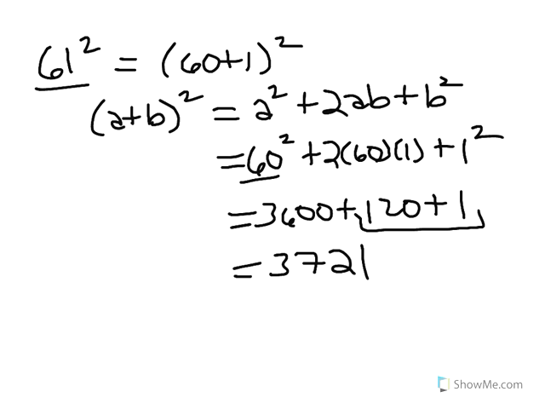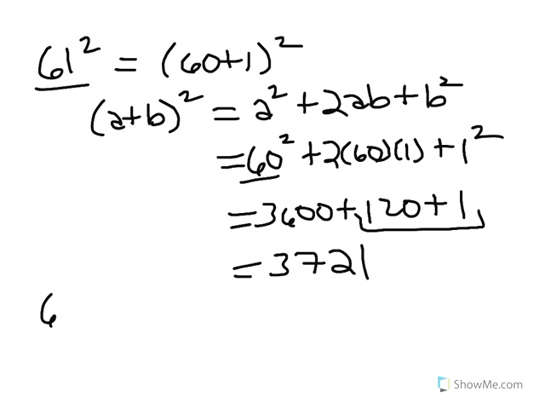So, knowing that 60 squared is 3,600, if we wanted to know quickly what 61 squared was, the fastest way is to take 60 and make an odd number out of it. And the fastest way to make an odd number out of any natural number is to double it and add 1. So this will always work.